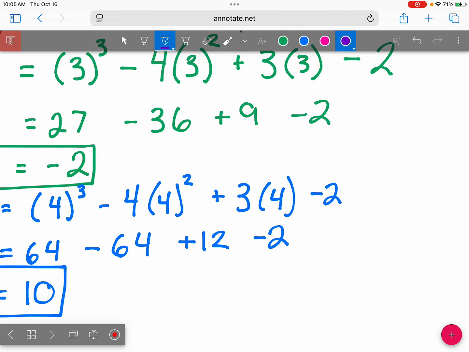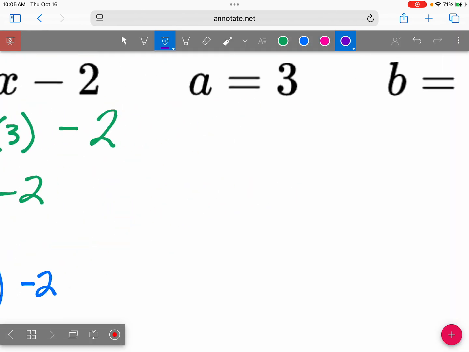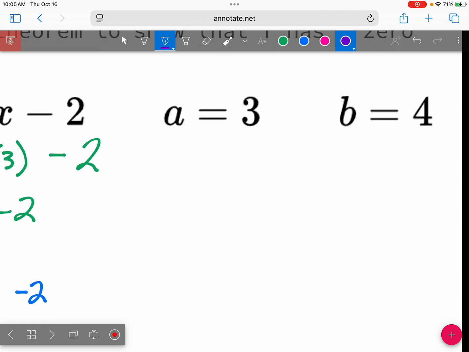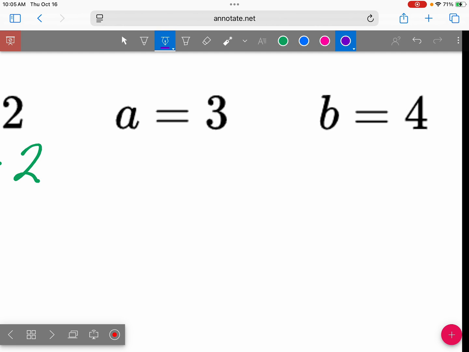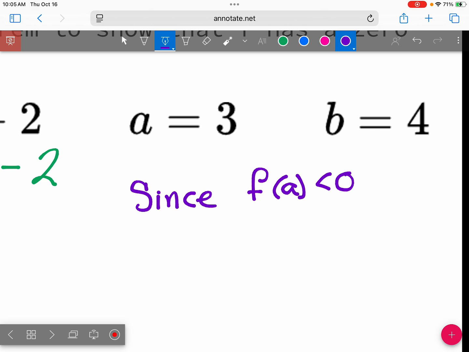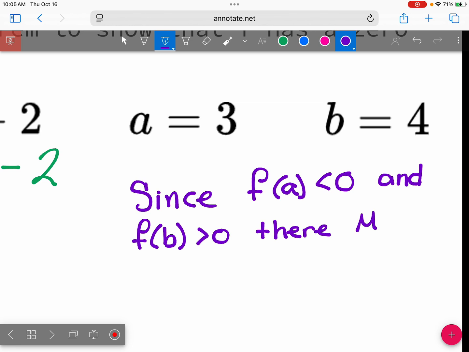So we are going to have to write a sentence. I know, we're Englishing in the math class. It's horrifying. All right, so the way we're going to write it is we're going to say, since our f of a is less than 0, meaning it's negative, and f of b is greater than 0, positive, there must, or has to, or is guaranteed, wording is irrelevant.